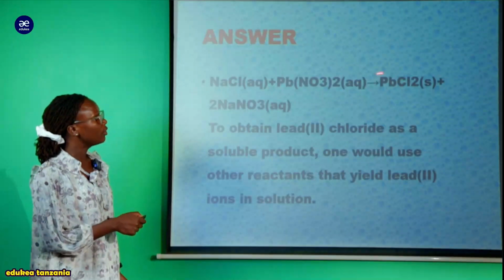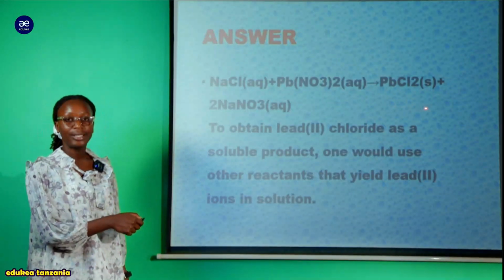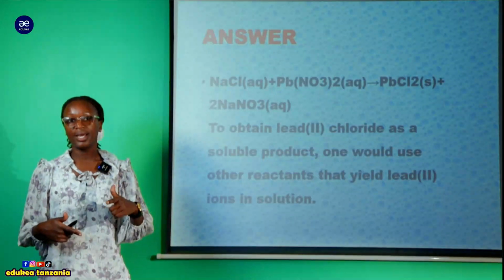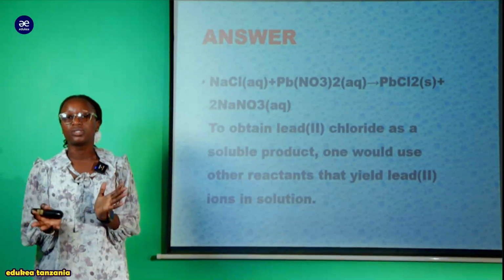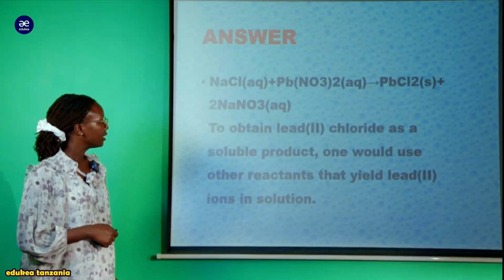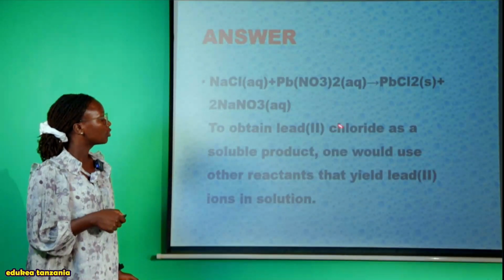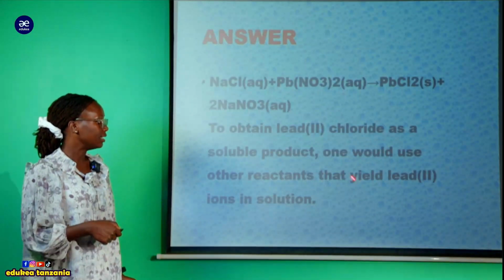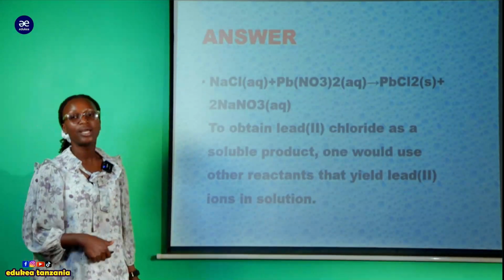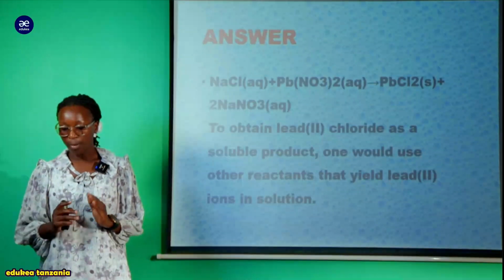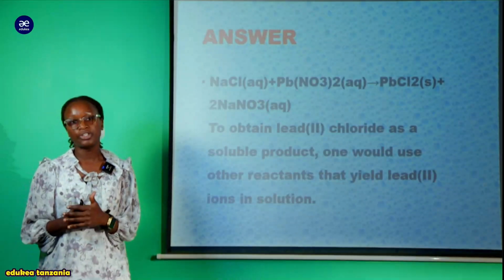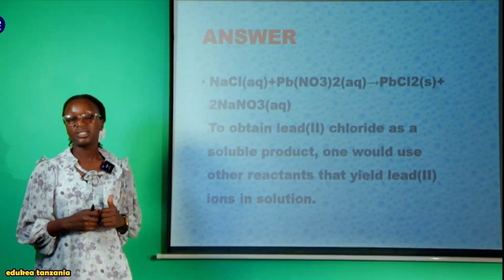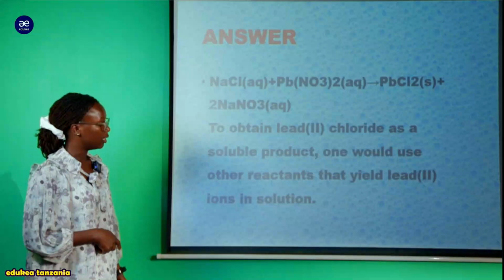You see this lead chloride here is a solid, but remember, the precipitate will come out. That is why we said that to obtain lead 2 chloride as a soluble product, one will use other reactants that yield lead 2 ions in solution, so that we can get that compound in soluble nature. So that is all about this double decomposition reaction.